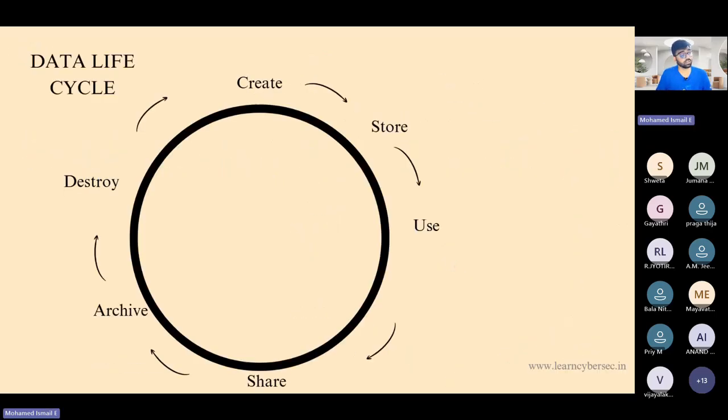All right, next topic, data lifecycle. I think this topic doesn't require much explanation. We are living with the data lifecycle every day. You take a mobile phone and click a picture. What you are doing is creating data. You have created data, like the picture.